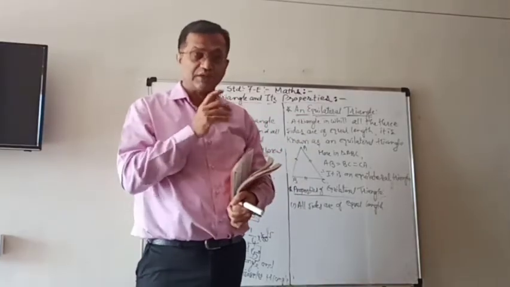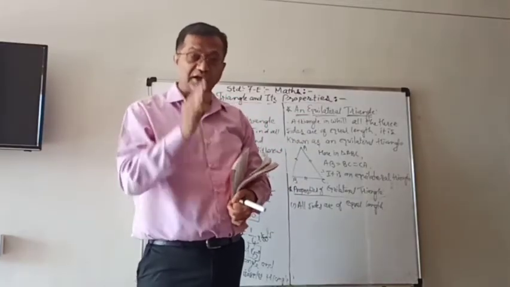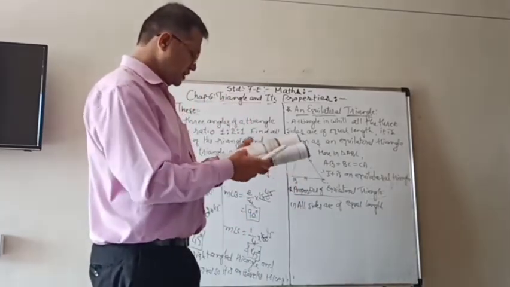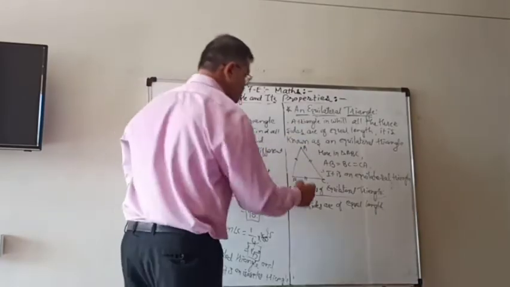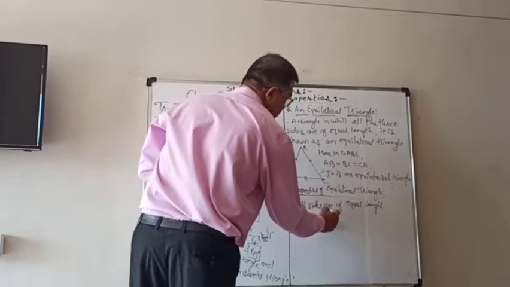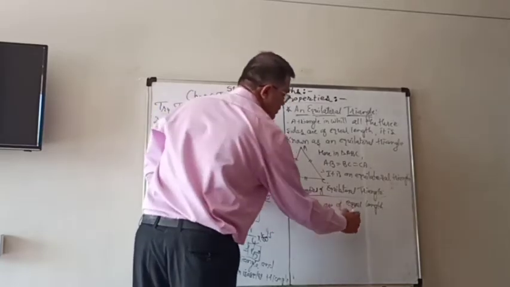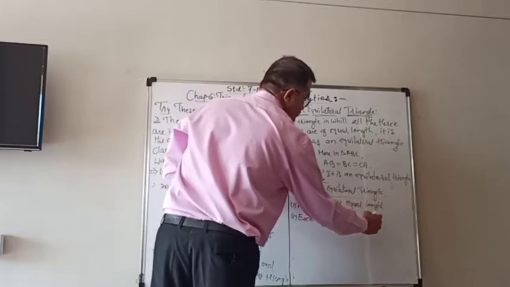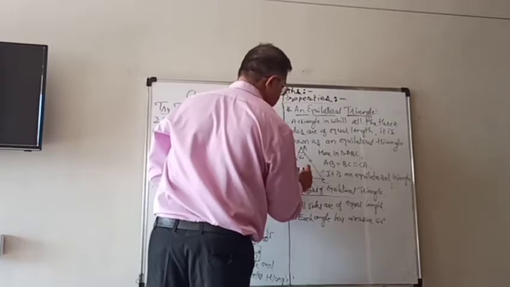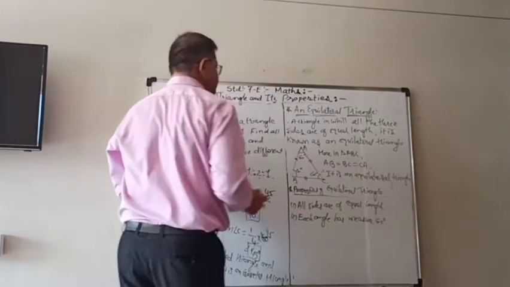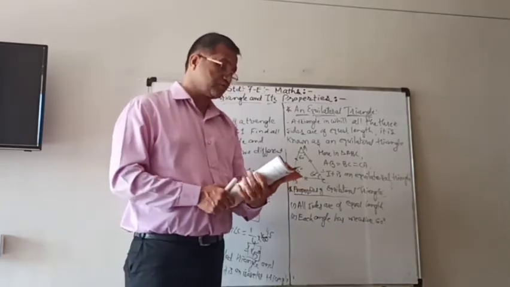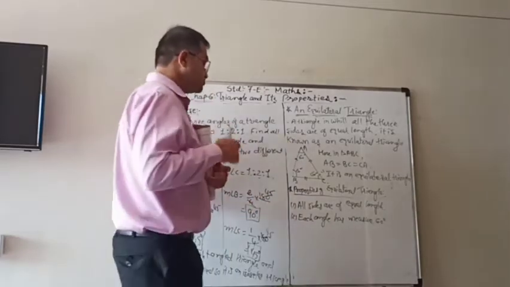Whatever triangle you take, if it is an equilateral triangle, then all the angles measure 60 degrees. So the second property is that each angle measures 60 degrees. It means that in this triangle, which is equilateral because all the sides are equal, all its angles will also be equal, 60 degrees.